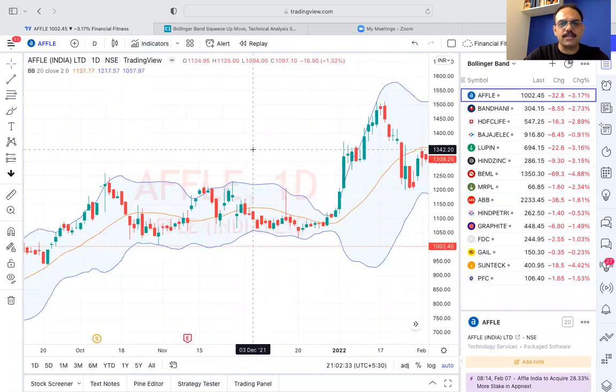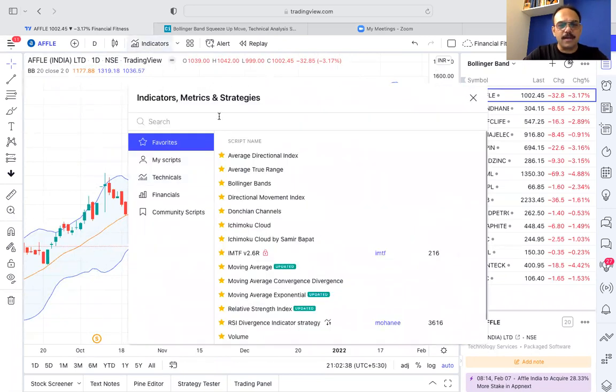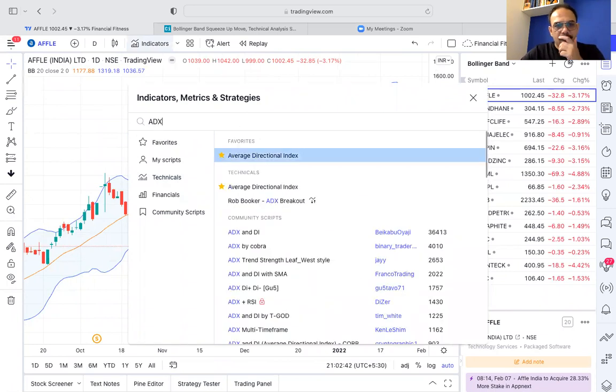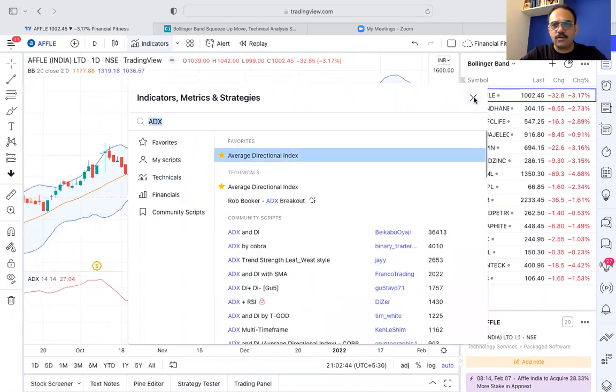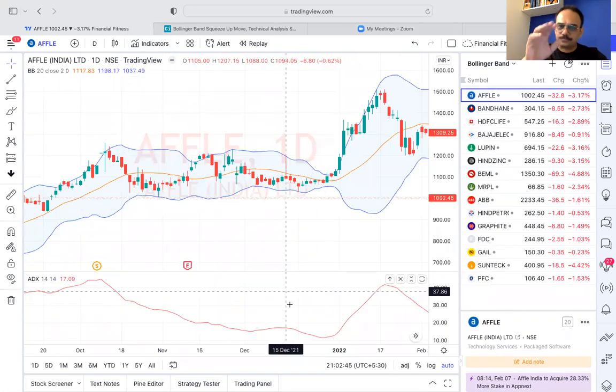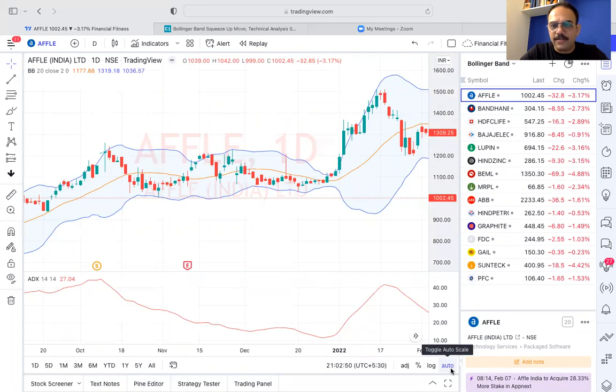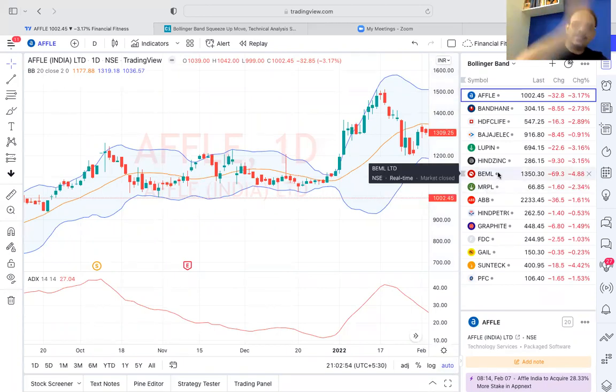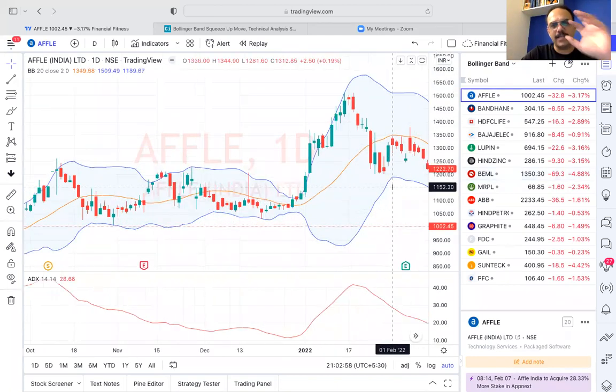Then we'll be applying ADX. Now ADX is put, at the bottom. So we have both the indicators. What I will do is first demonstrate on the chart, then take to the slide, and again come back to the chart, so it is very clear. You can take a snapshot of the slide.